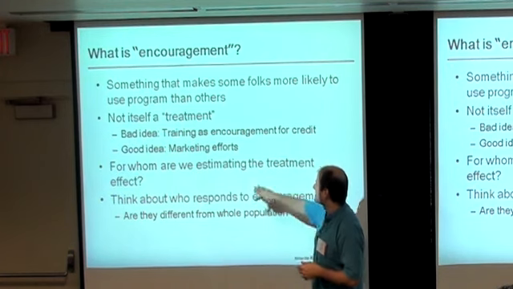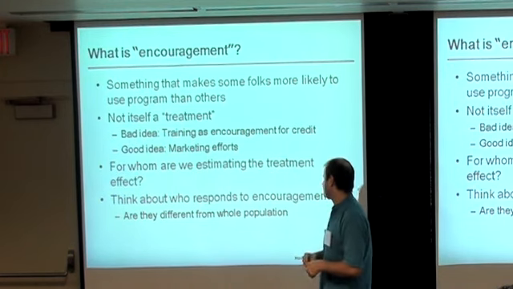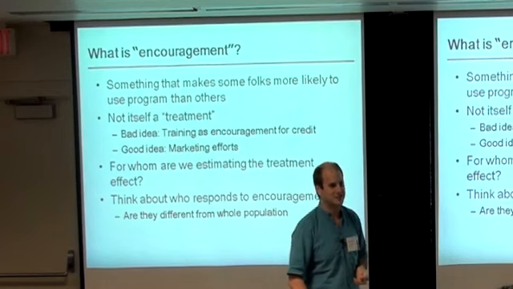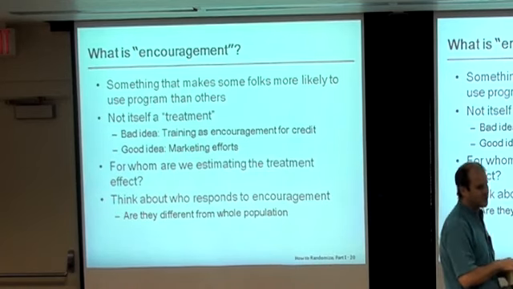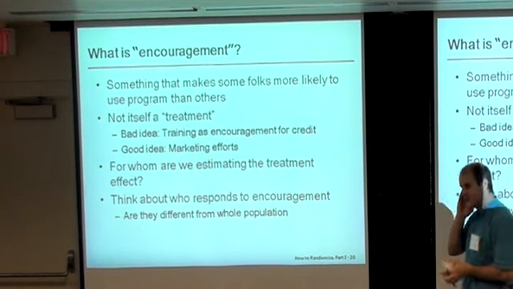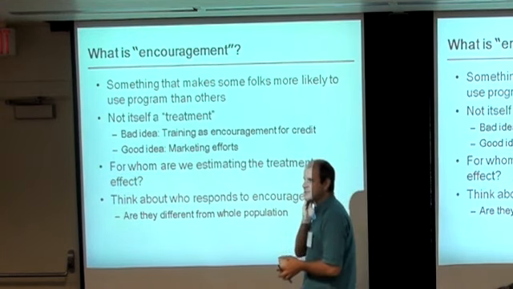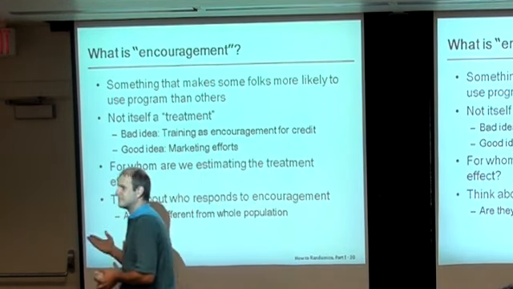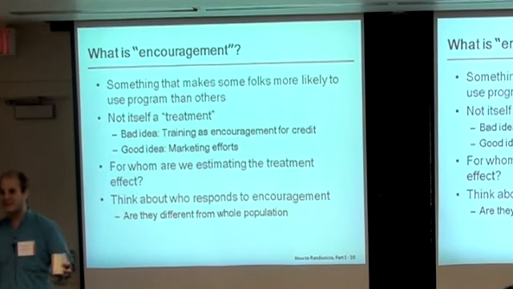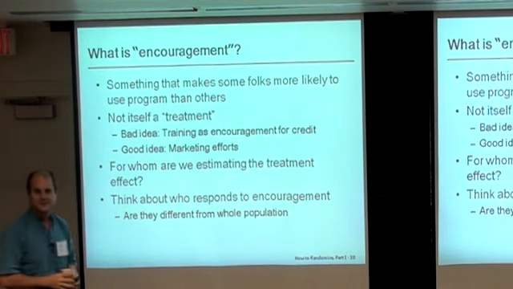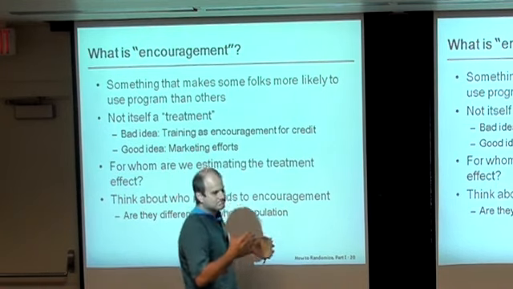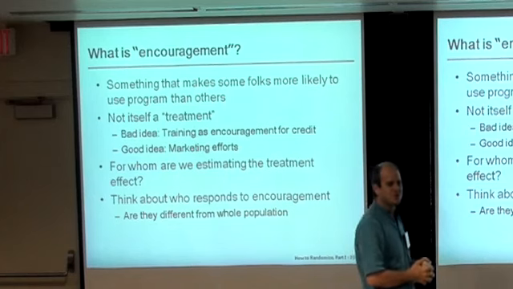Okay? So the second issue is, for whom are we estimating the treatment? So here's my favorite tongue-in-cheek example for this. Suppose we went into a village and we offered free alcohol to anybody who takes out a loan. Right? Might be great in the first stage in the sense that it generates lots of higher borrowing. But what are we measuring here in terms of who we're studying?